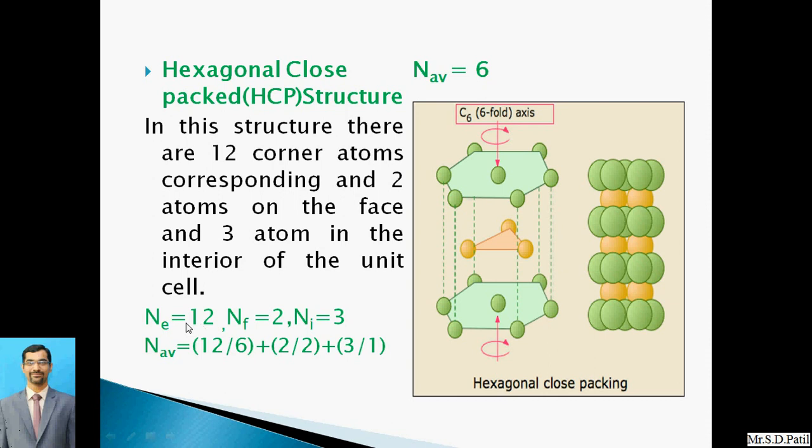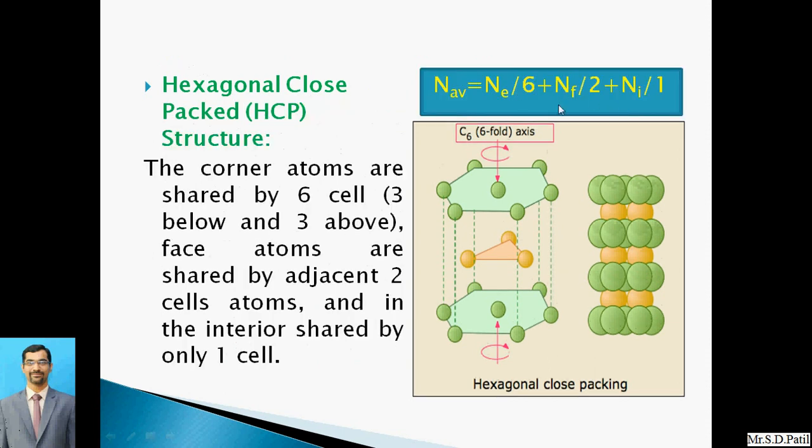So the number of atoms at the corner is 12, 6 above, 6 below. On the faces, 2 atoms are there. And at the interior, 3 atoms. So 12 upon 6 plus 2 upon 2 plus 3 upon 1. We are just putting all those terms in that previous formula, which is NC upon 6 plus NF upon 2 plus NI upon 1.